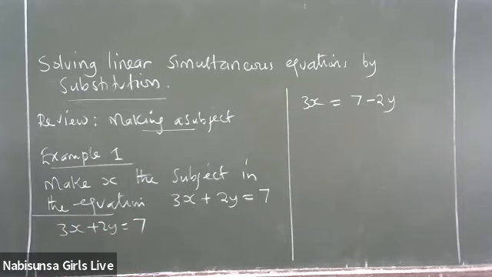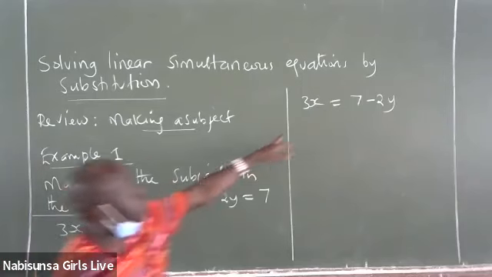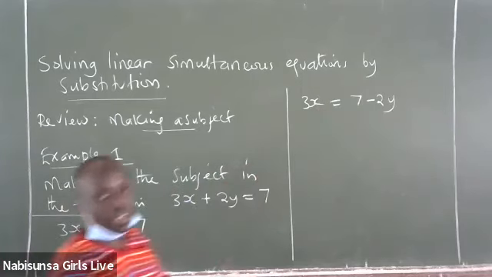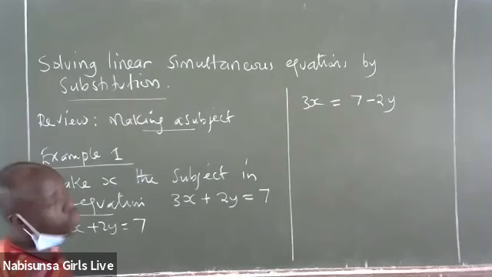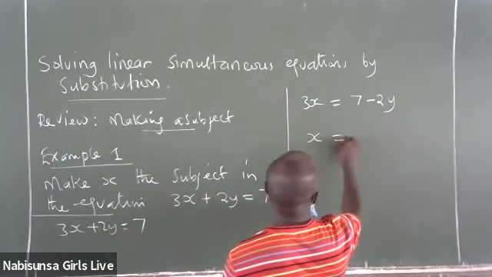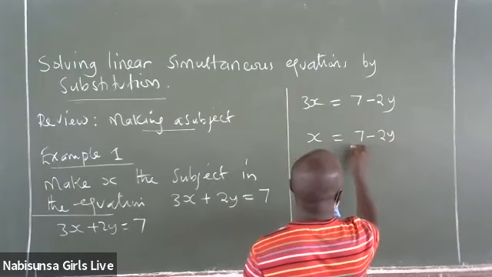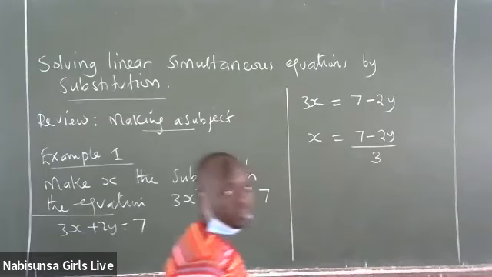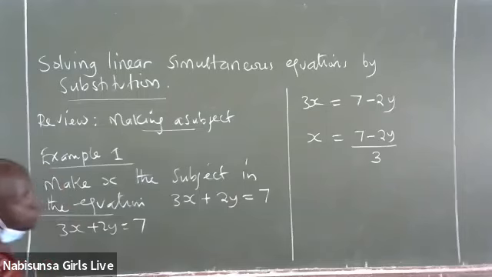So one side has terms of x, another side has terms without x, because that's our interest. But we are making x the subject, not 3x. This is the 3x. We are making x the subject, not 3x. So we shall divide on both sides by 3. And we say x is equal to 7 minus 2y over 3. Okay?